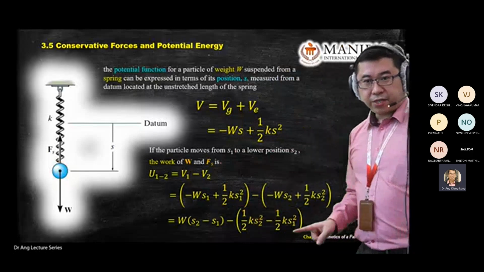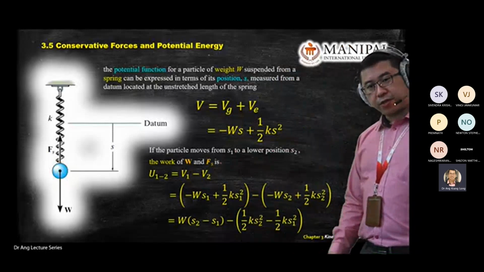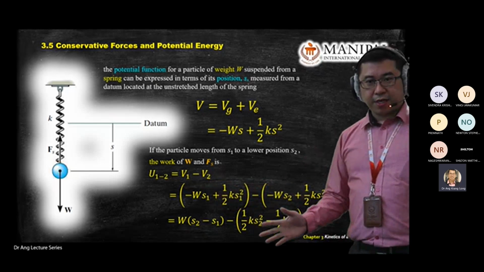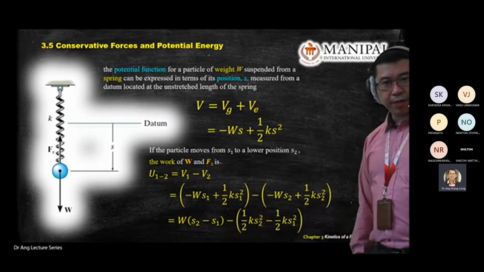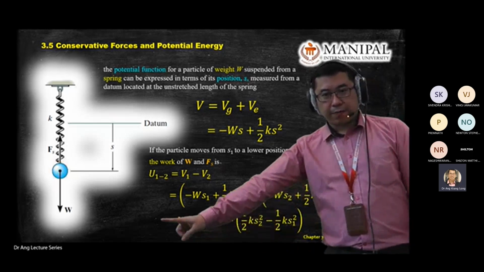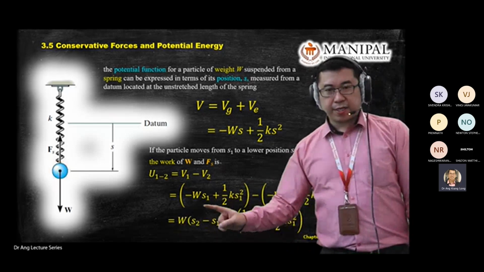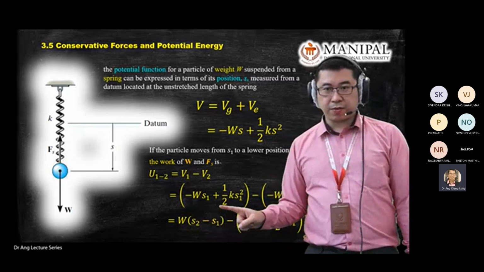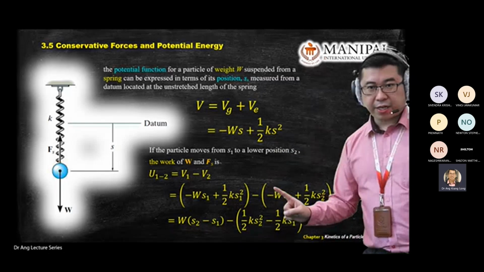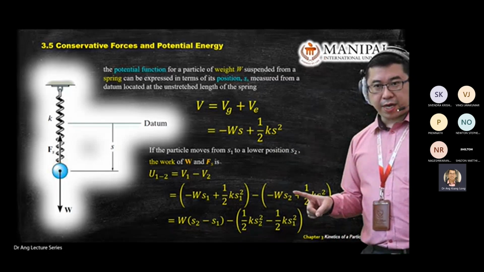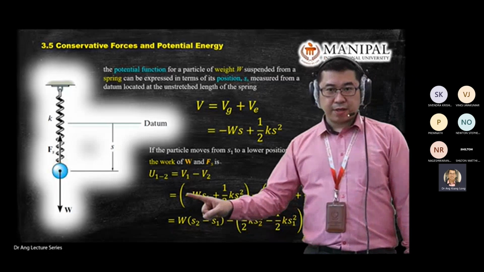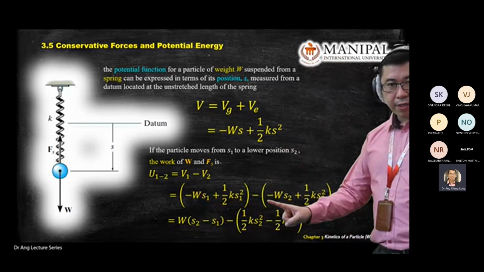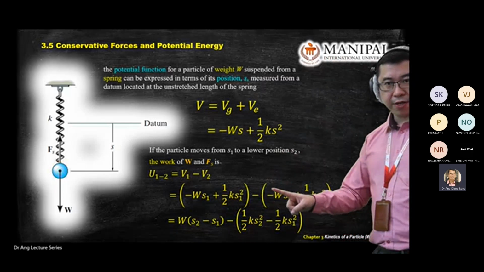Okay, this is just a rearrangement of the equation. If you understand this, you understand substitution, and the rest just comes automatically. So you move the work-energy equation, W equals S2 minus S1. If you rearrange, negative becomes positive, so S2 becomes positive and S1 negative. Here also the same: negative multiplied by positive, you get negative.